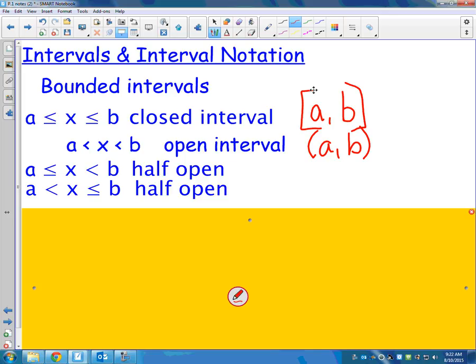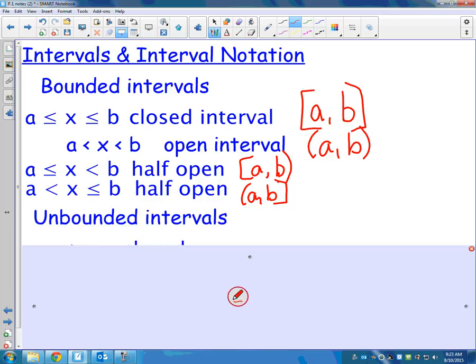If the first endpoint is closed and the second one's open, then that would be bracket a and then parentheses at the end. And it could be switched, right? So this one's also half open or half closed. I don't know if you really need to write all that down, but one side can have a bracket, one side can have parentheses. My yellow is awful.